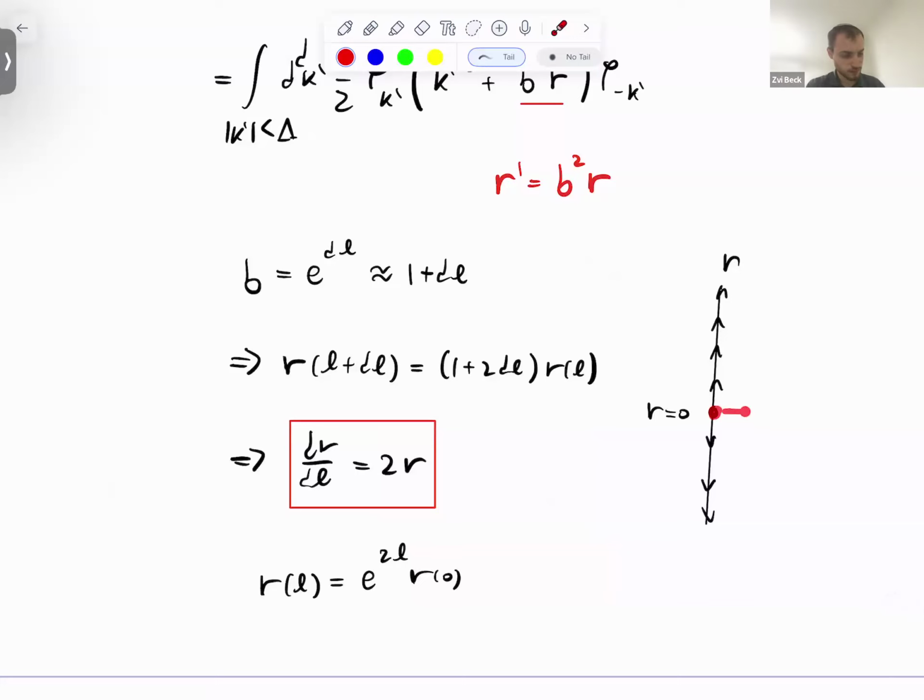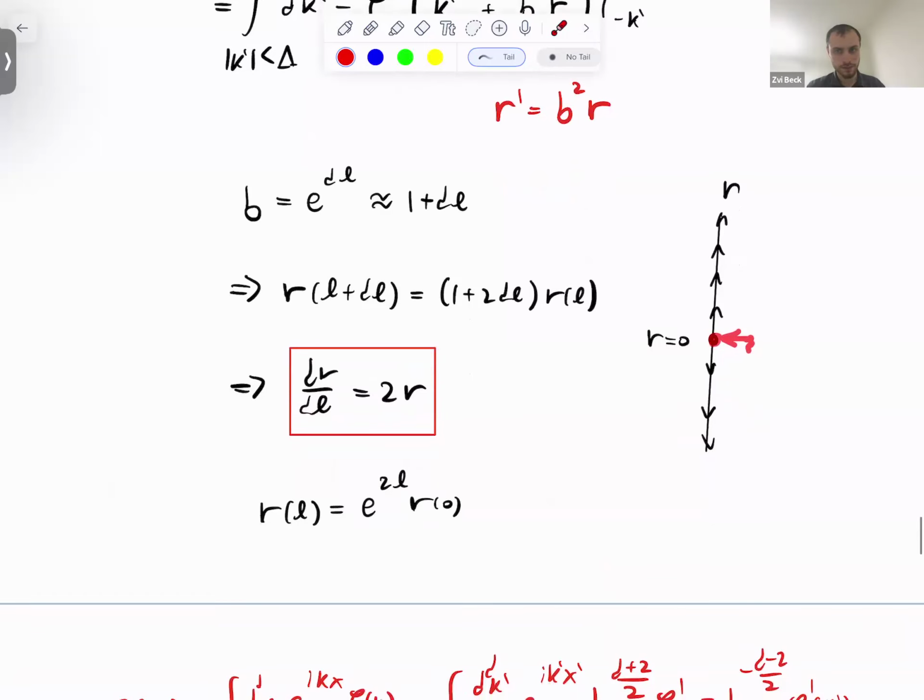Because if you park here, you're fixed, right? I defined the RG transformation in a way that if you start from R equal to 0, you'll stay there. You won't flow anywhere. Is that clear? You can also see it from the RG equation. Look at the RG equation. See?